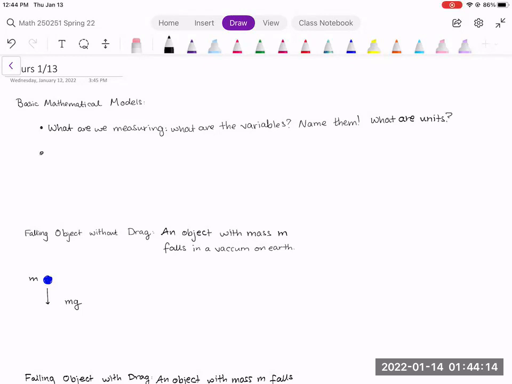We're also going to consider what underlying principles govern our rate of change. Sometimes you'll be told. Other times you may have to figure it out from some physics principle or maybe a description.